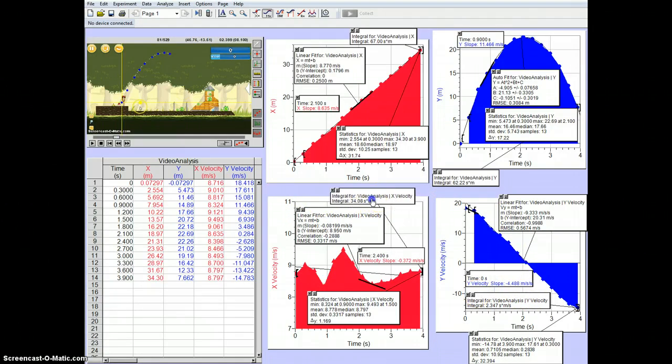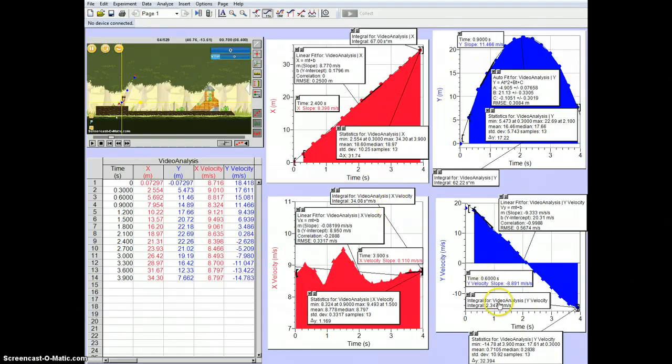So here, the total displacement of the x direction is 34.08, but we just said the total displacement of the x direction according to this data is 31.74. So there's something wrong with it. It should be the same.